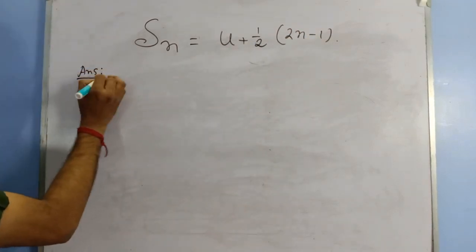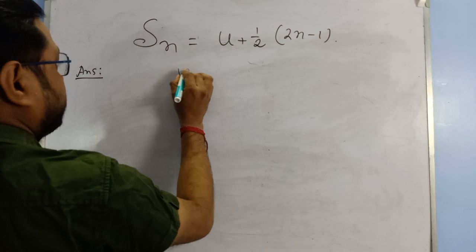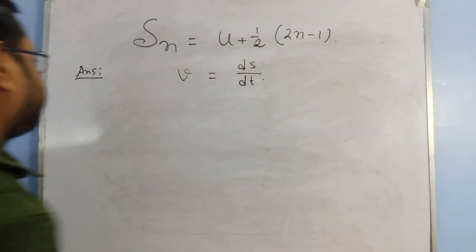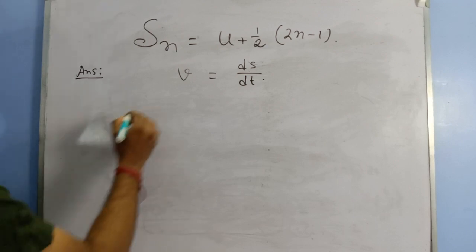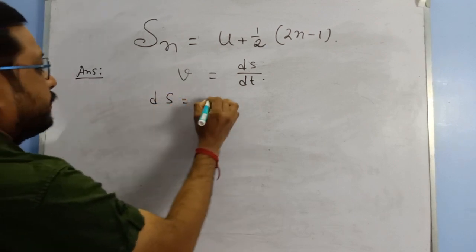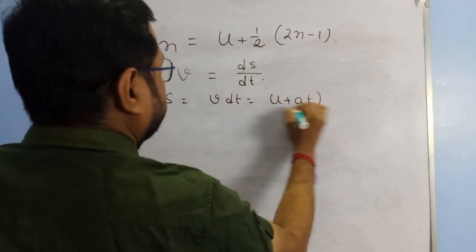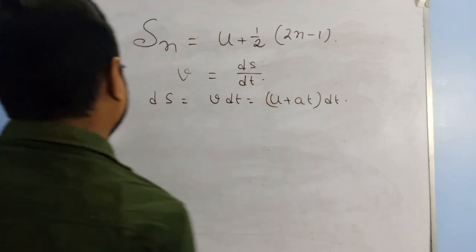So we know that velocity v equal to ds dt. Now ds equal to v dt, or u plus at dt.